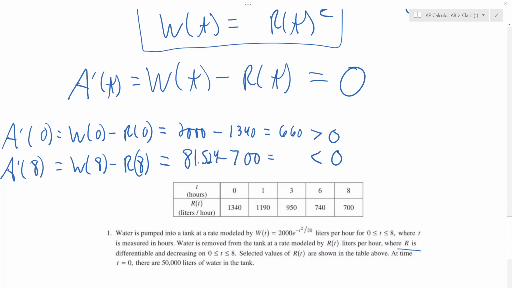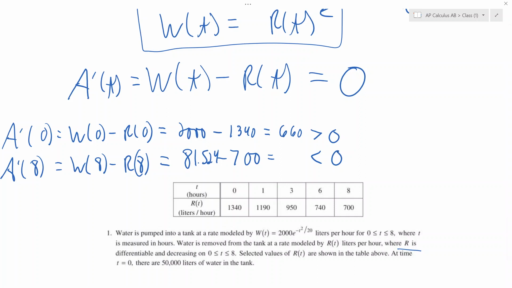So now I have W minus R being positive somewhere, and W minus R being negative somewhere. So by IVT, it has to equal 0 somewhere. And if it equals 0, W and R have to be equal to each other.